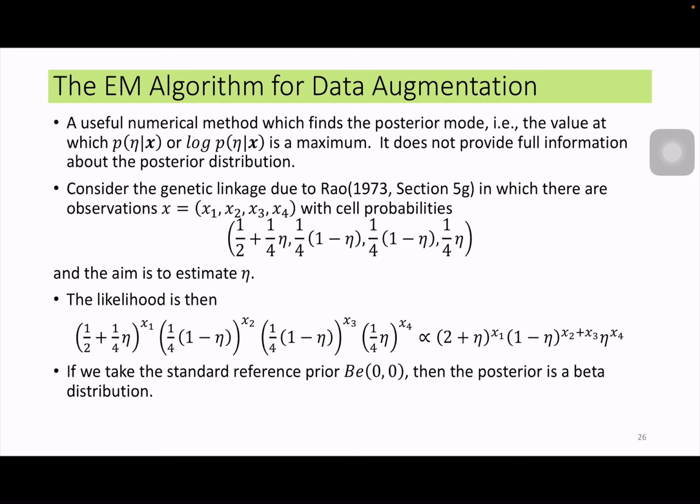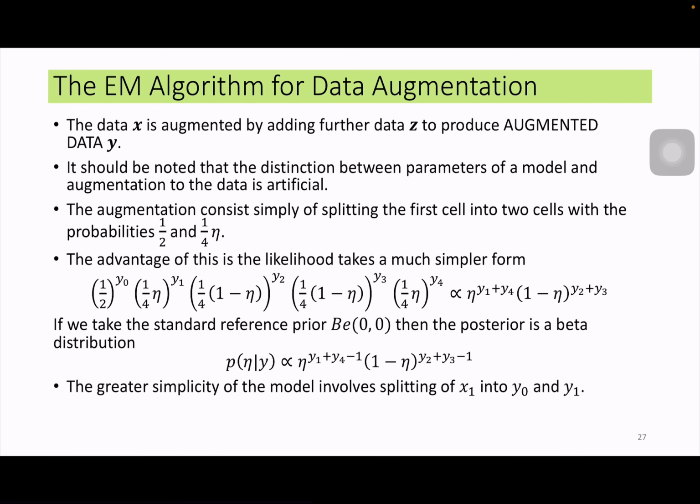So if we take the standard reference prior to be Beta(0,0), then the posterior is a beta distribution. For the EM (expectation maximization) algorithm for data augmentation, the data X is augmented by further data Z to produce the augmented data Y. Note that the distinction between the parameters of a model and the augmentation of the data is artificial.